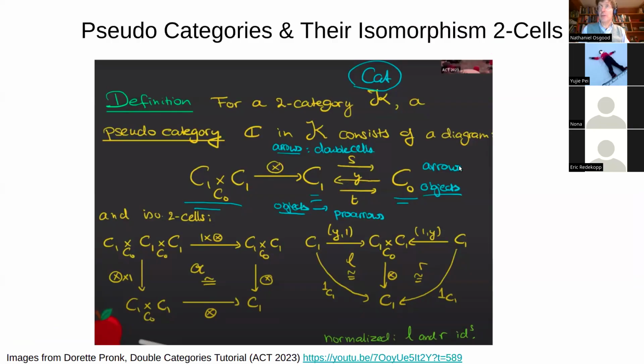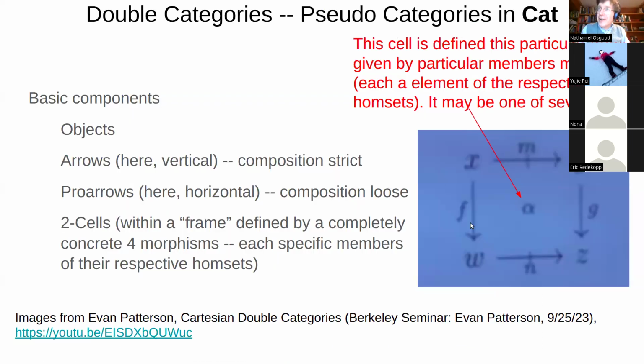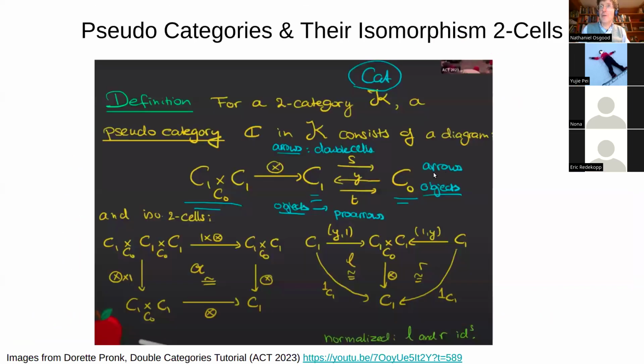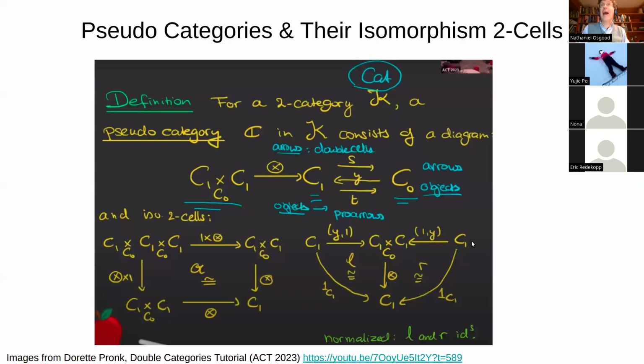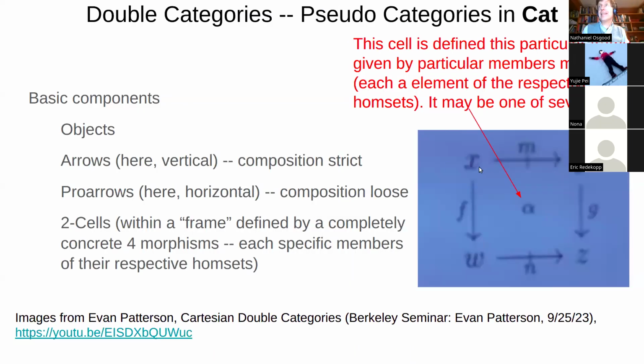And this is a functor, so it maps morphisms to morphisms. What are morphisms in this category? Vertical arrows. So each of those is mapped to an arrow in this category. What are arrows in this category? Two cells. So every vertical arrow is associated with an identity two cell where it's XW here, XW here, and this is an identity pro arrow.